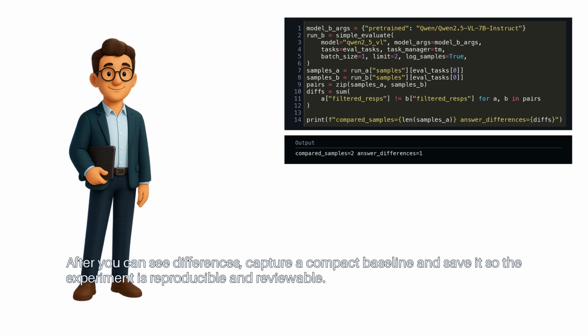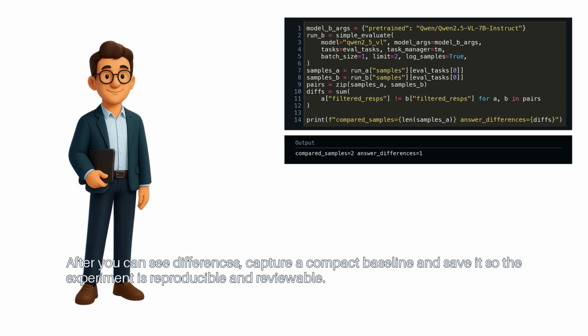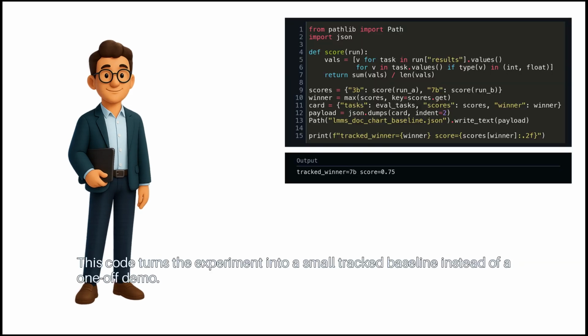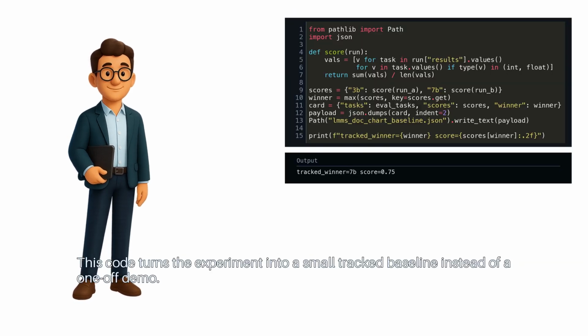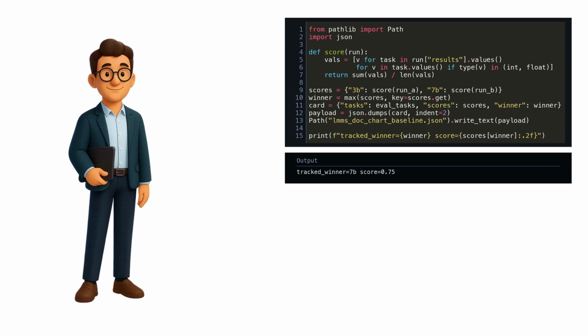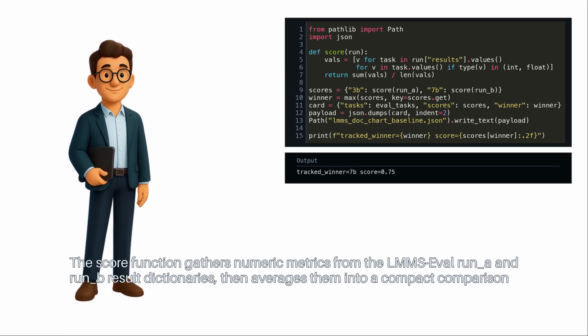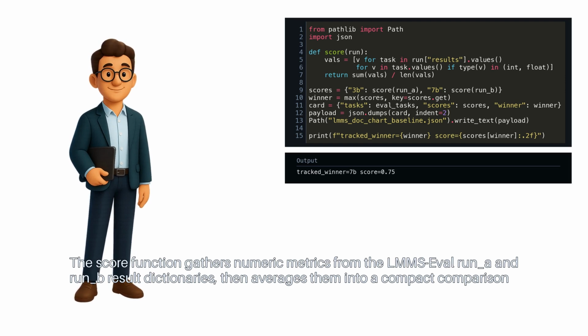After you can see differences, capture a compact baseline and save it so the experiment is reproducible and reviewable. This code turns the experiment into a small tracked baseline instead of a one-off demo. The score function gathers numeric metrics from the LMMS-Eval run A and run B result dictionaries, then averages them into a compact comparison value.